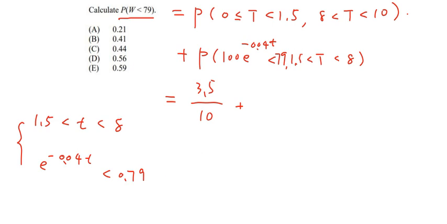For this one, we solve for t. We find t should be larger than 0.004 over negative ln 0.79.